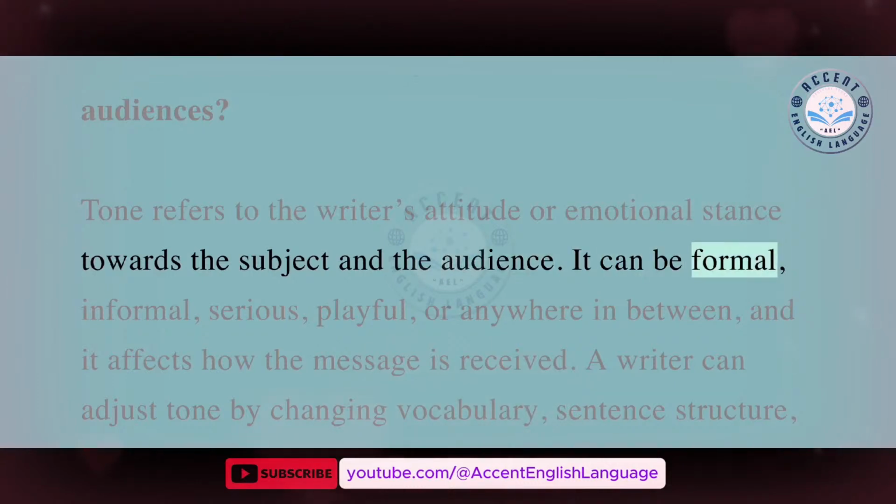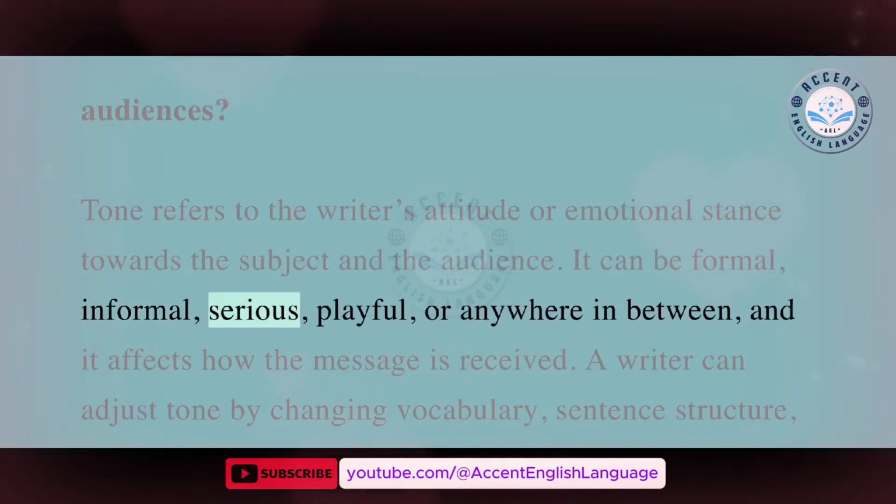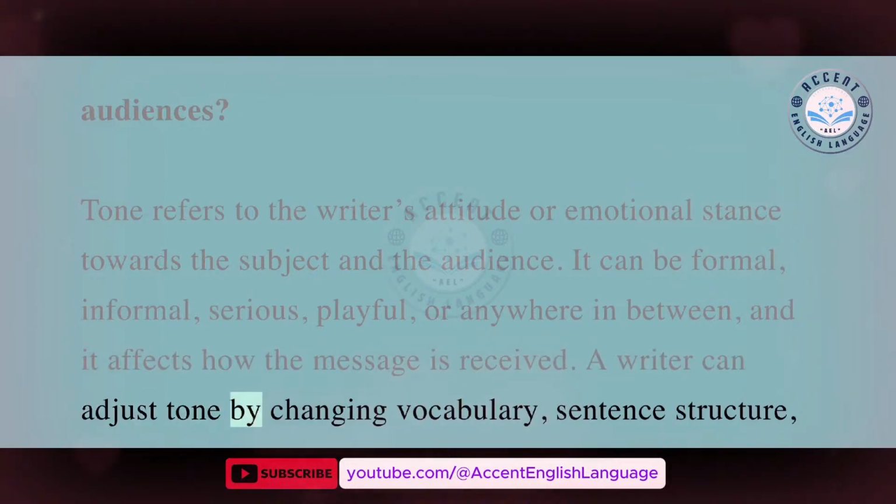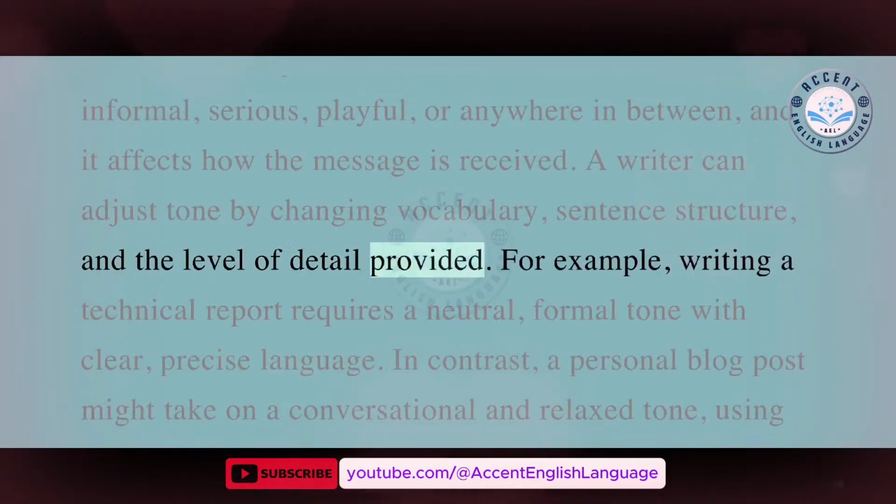It can be formal, informal, serious, playful, or anywhere in between, and it affects how the message is received. A writer can adjust tone by changing vocabulary, sentence structure, and the level of detail provided.